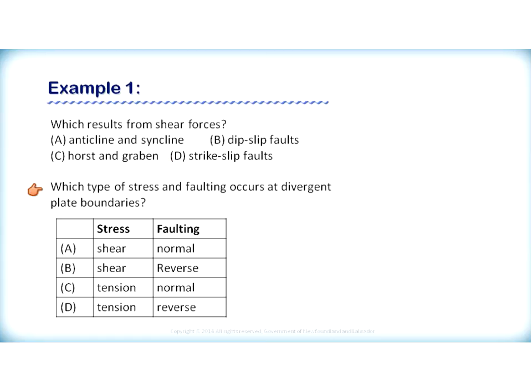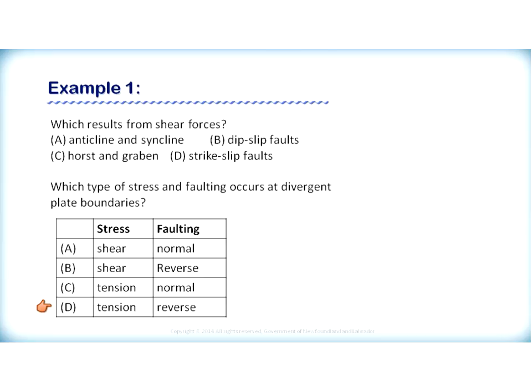The second question reads: which type of stress and faulting occurs at divergent plate boundaries? So we're looking for the type of stress and the type of fault that would result at a divergent boundary. When we look at divergent boundaries, we have plates moving apart, diverging. Therefore, we must have tensional forces. Looking at our answers, C and D both have tensional stress.